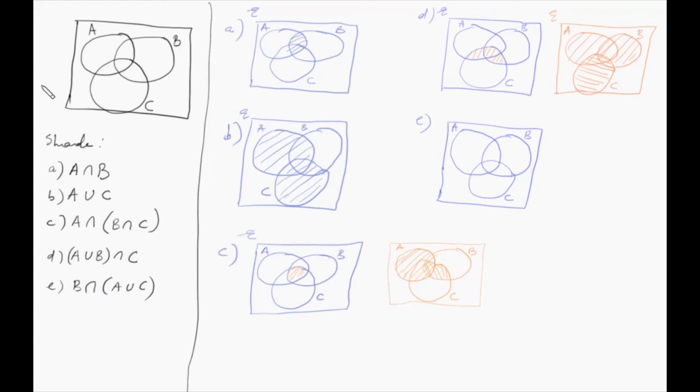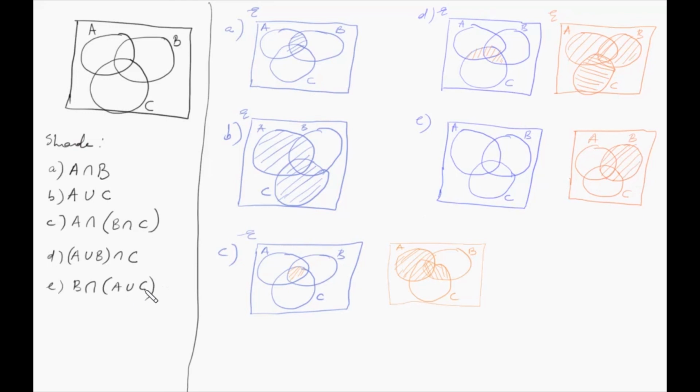We will just have to work it out here and then transfer it to the final answer. We have A, B, C. Now, B is here. This is set B.